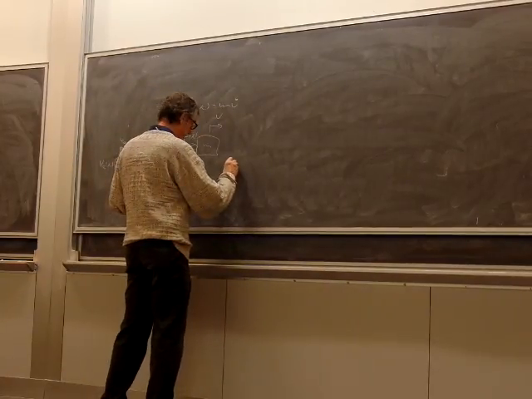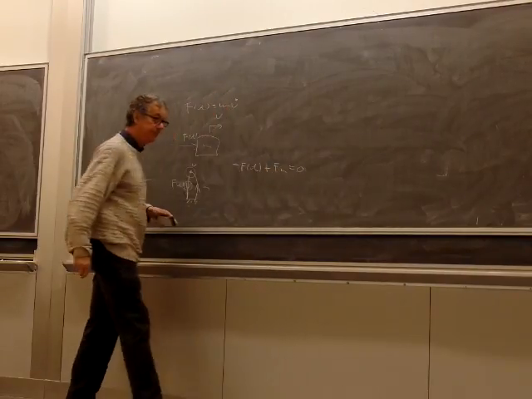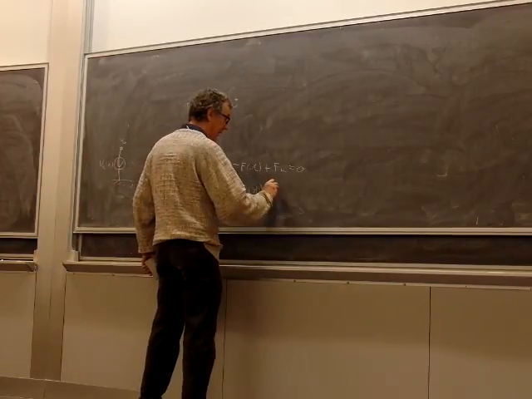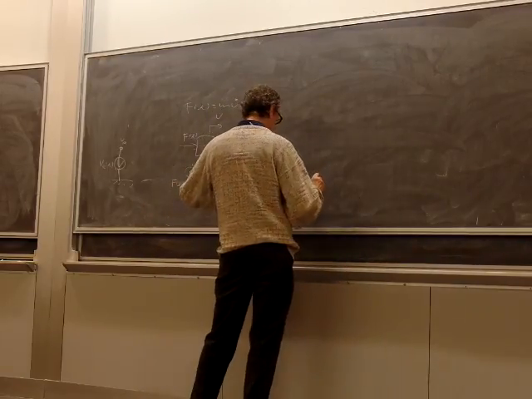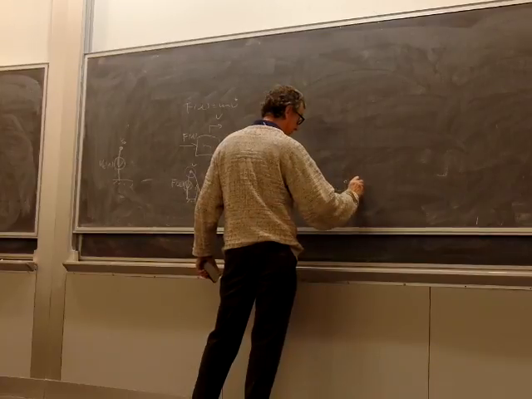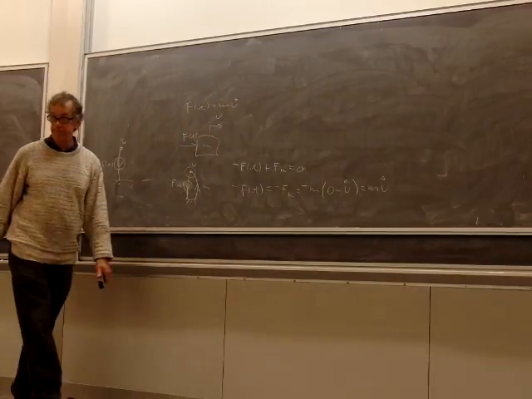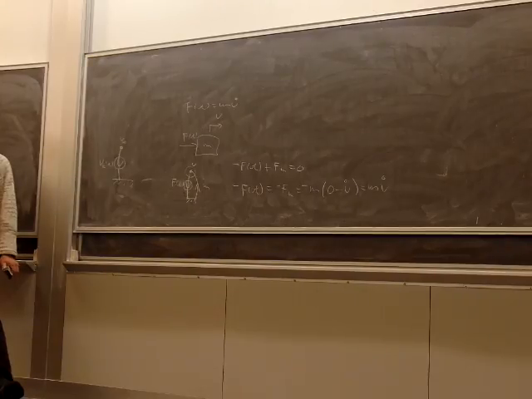So I have minus f of t, if the arrow is positive, plus Fm equals 0, or minus f of t equals minus m v dot, minus mass, still correct sign.